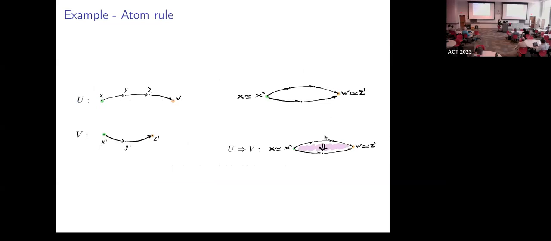And then we add a top-dimensional element, in this case a two-dimensional element, going from U to V, and we obtain a regular molecule whose input in this case is U, and output is V.